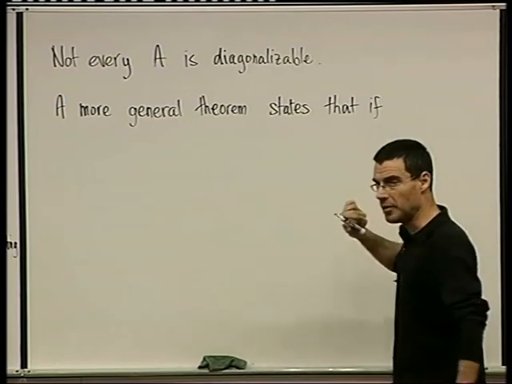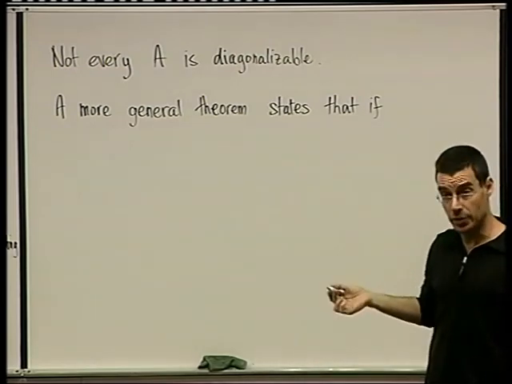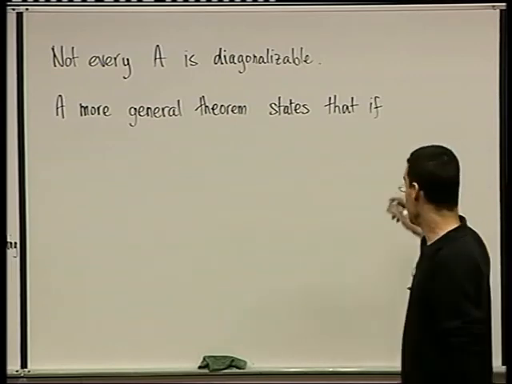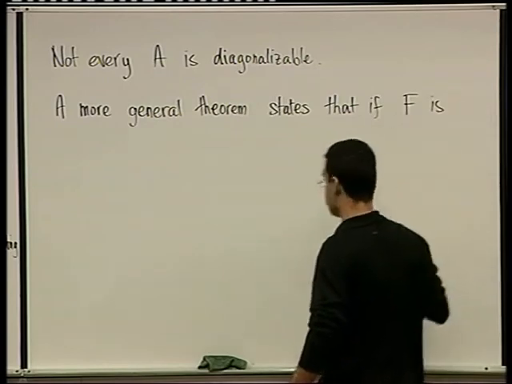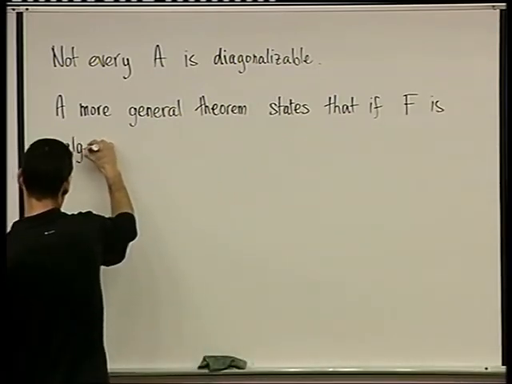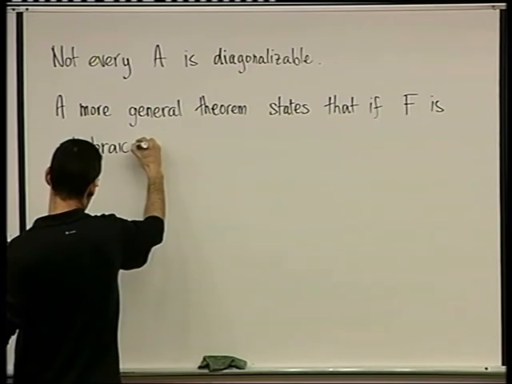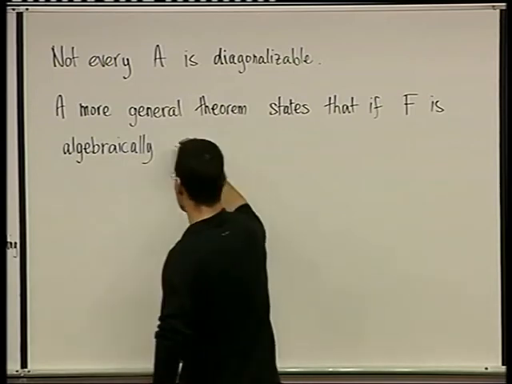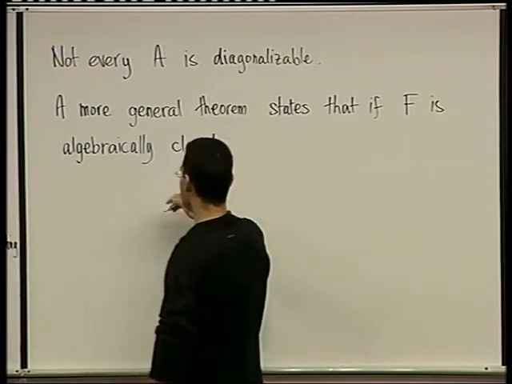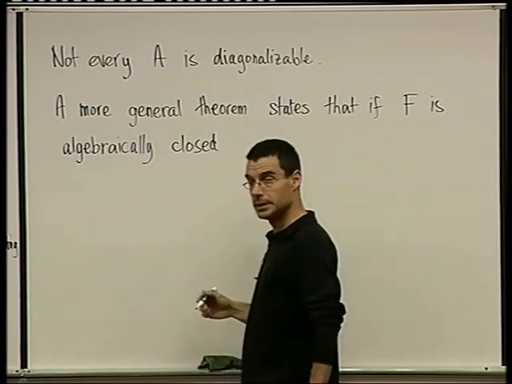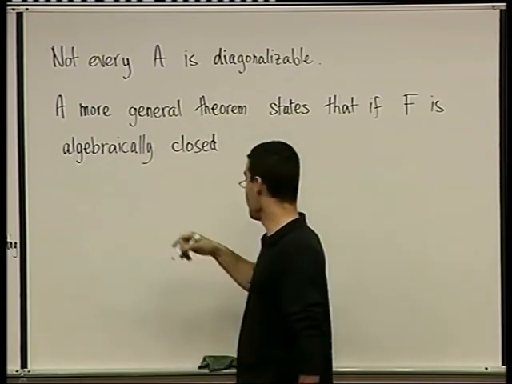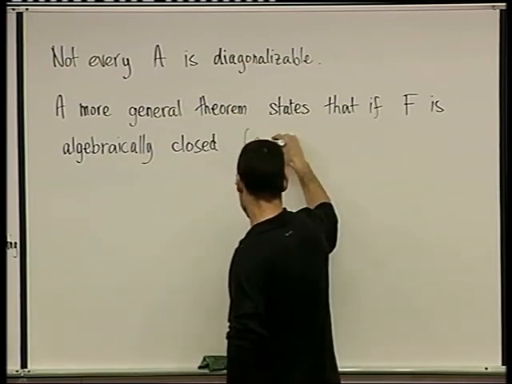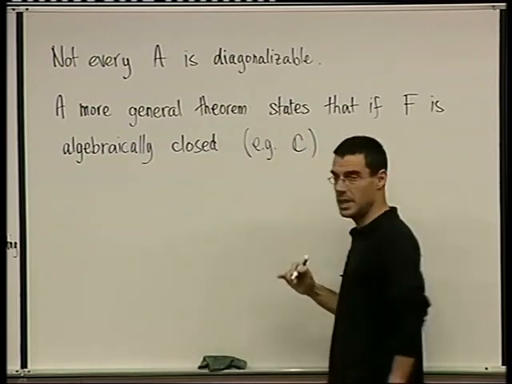you are working over a field which is called algebraically closed, it includes the roots of any polynomial. That is, if F is algebraically closed, for example, C. C is algebraically closed.